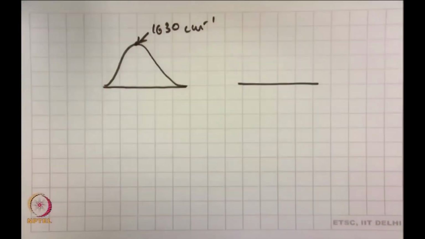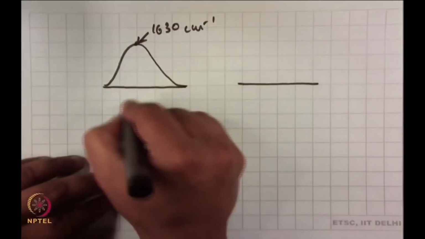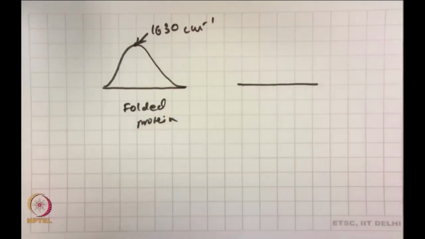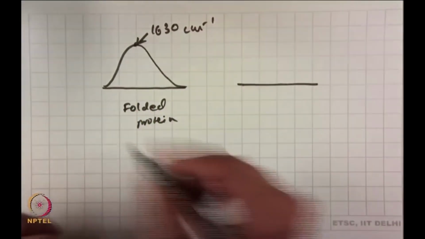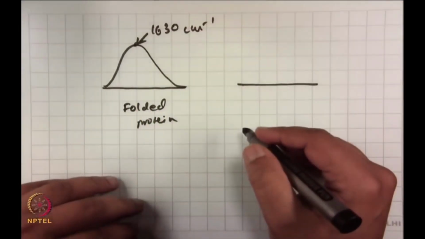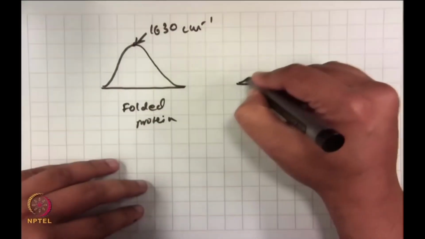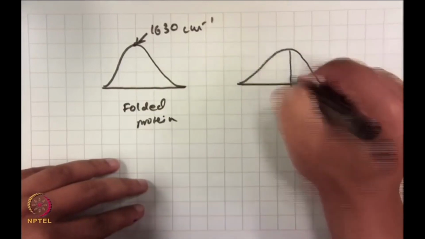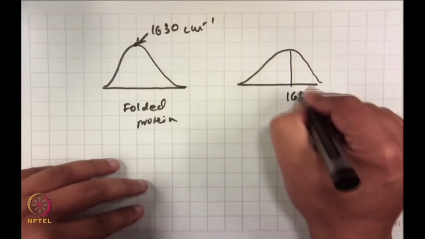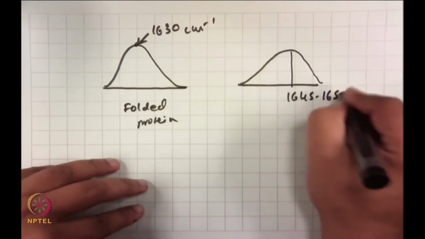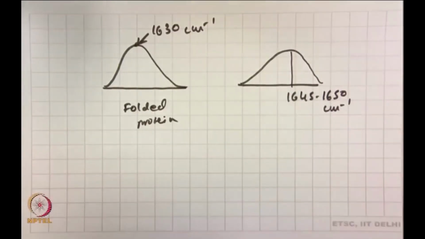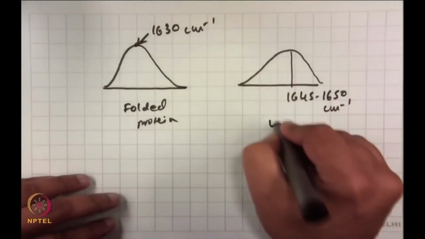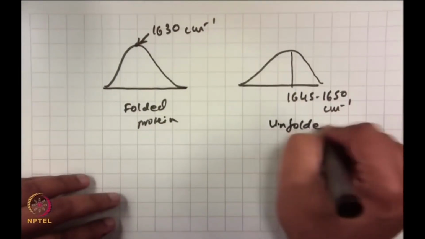Now, when you unfold the protein, the same absorption band, that is the amide 1 band, shifts to about 1645 to 1650 centimeter inverse. Okay. So, this is your unfolded protein.